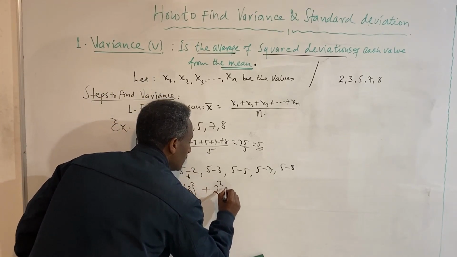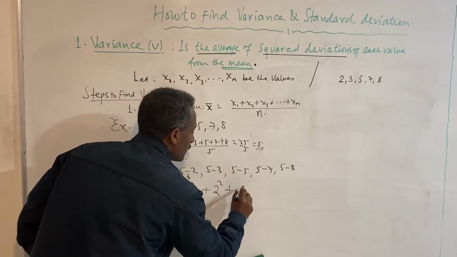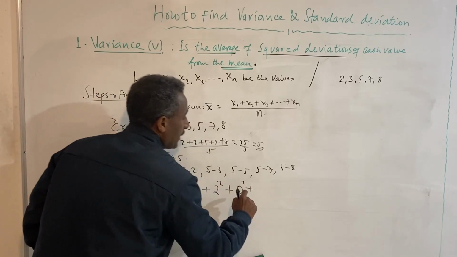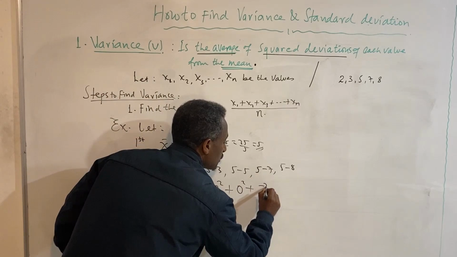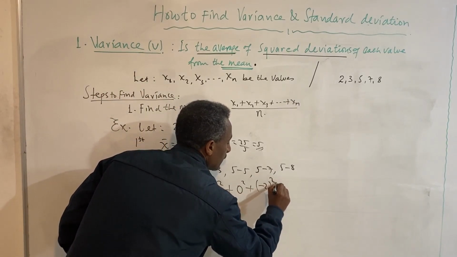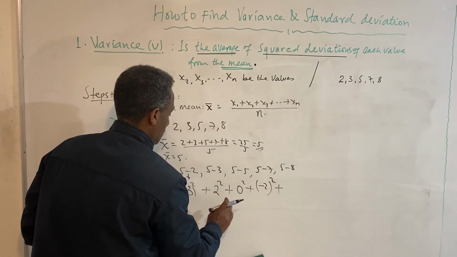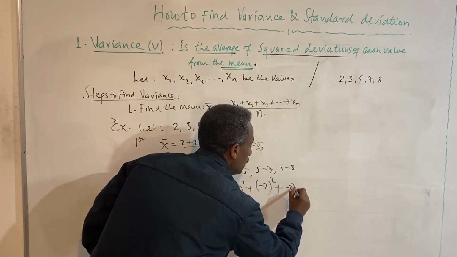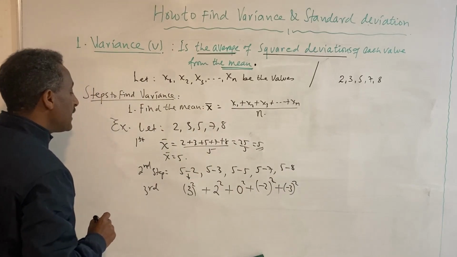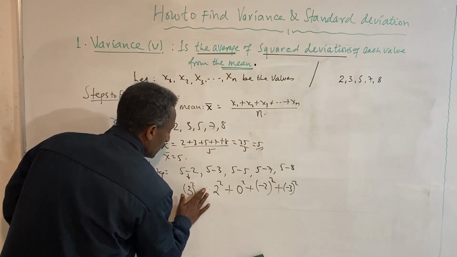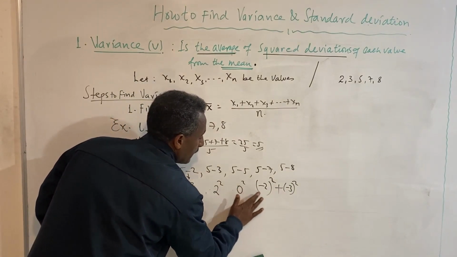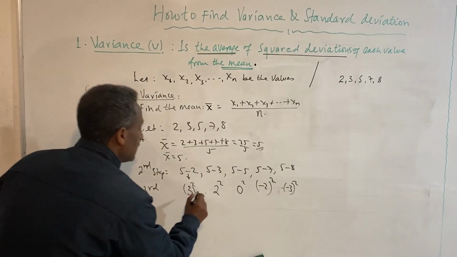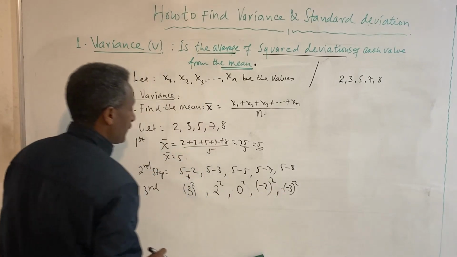We square it. 5 minus 5 is 0. We square it. 5 minus 7 is minus 2. We square it. And 5 minus 8 is minus 3, we square that. Finally, we add. By the way, what are these? These are the square deviations.